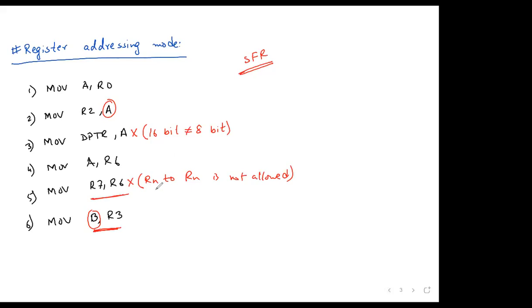See, in the comment I have written Rn to Rn is not allowed, where n is equal to 1 to 7. Apart from this condition, you can move from any register to any register. Only Rn to Rn is not allowed, where n is equal to 1 to 7. Except this, everything else is permitted. Okay?